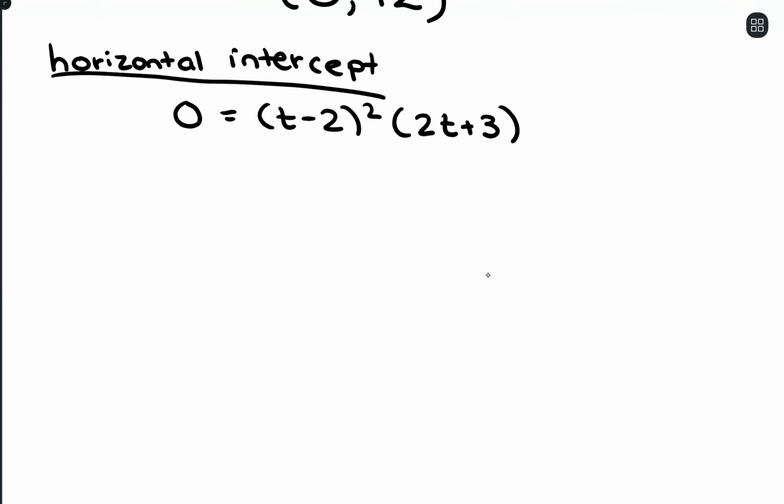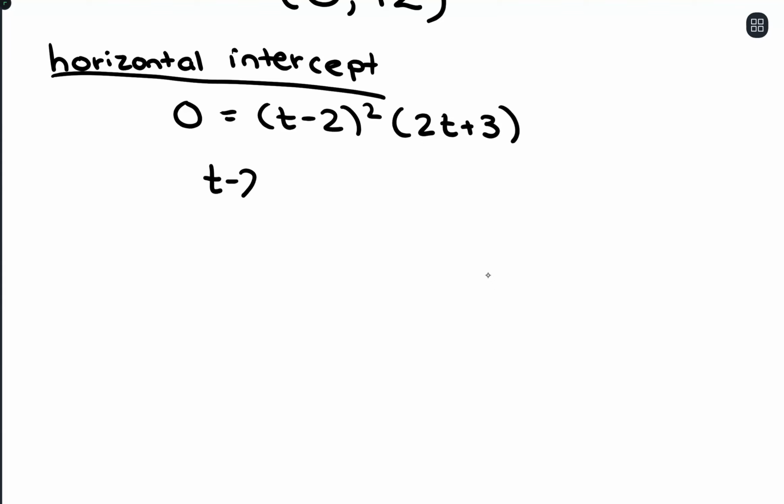Now, with this one, we have things that are multiplying together that equal 0. So based on our zero product rule, when we have pieces multiplying to equal 0, each piece needs to equal 0, or at least one of the pieces needs to equal 0.